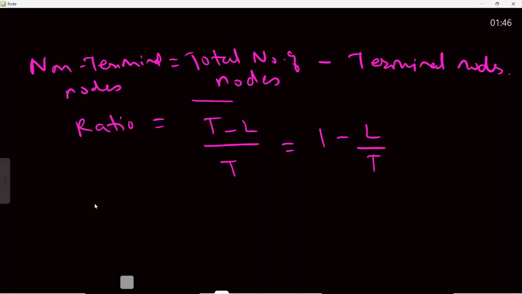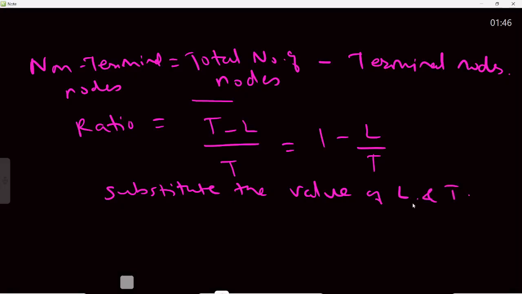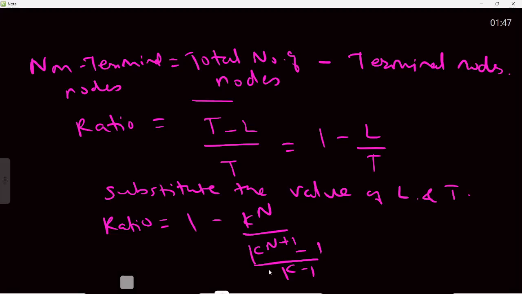Now, what we will be doing is substituting the value of L and T. Ratio is equal to 1 minus the value of L, k raised to power n, upon k raised to power n plus 1 minus 1 upon k minus 1, right?